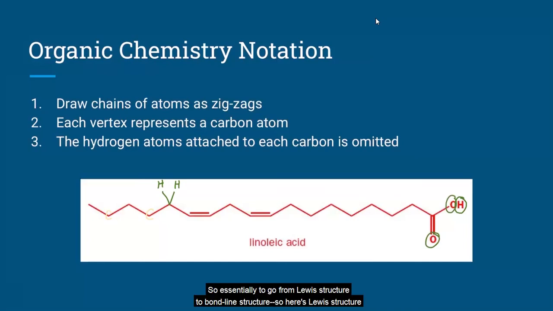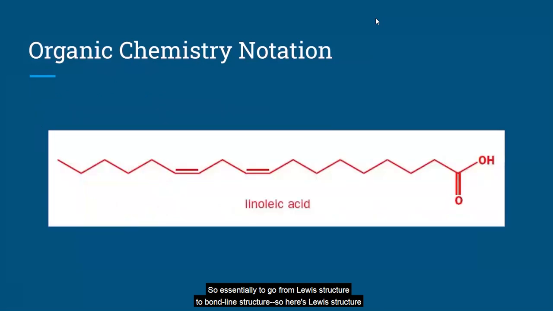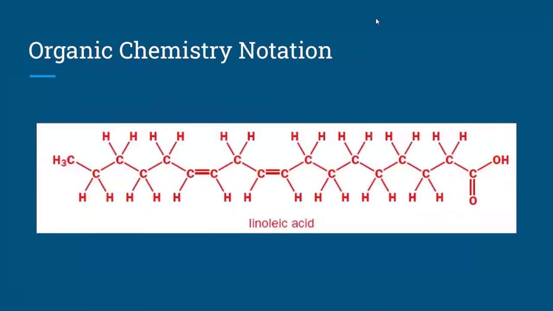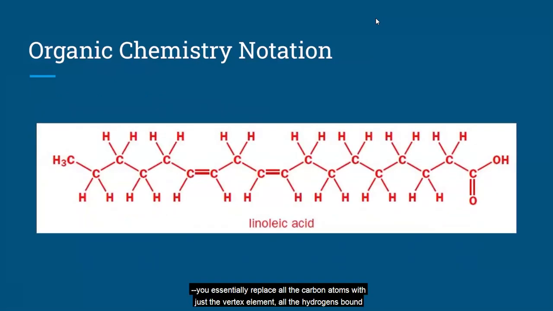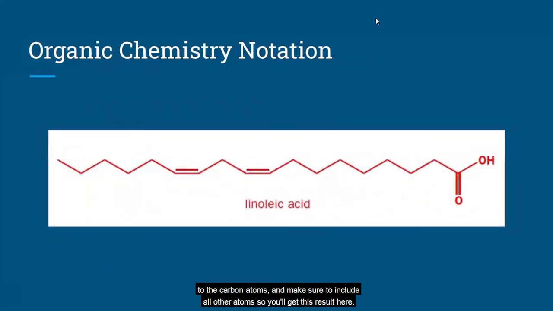So essentially, to go from Lewis structure to bond line structure, so here's the Lewis structure, you essentially replace all the carbon atoms with just the vertex, omit all the hydrogens bound to the carbon atoms, and make sure to include all other atoms. So you'll get this result here.